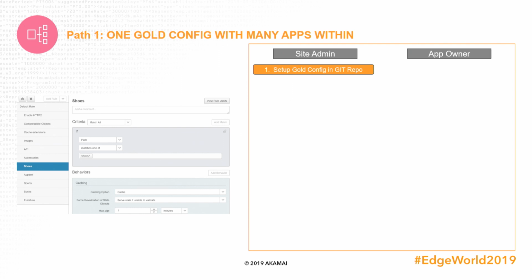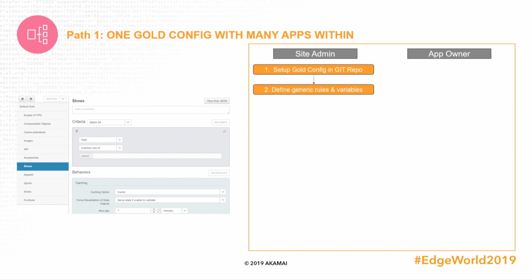Again, the whole goal is to keep 90% of the config the same, and 10% of the config is very specific to what you guys are doing. So the first thing is you'd set up that golden config in a Git repo. The Akamai Pipeline tool should allow you to pull down this configuration. You can have it in a repo and set it up so different rule snippets are addressable by different teams. That's the first step.